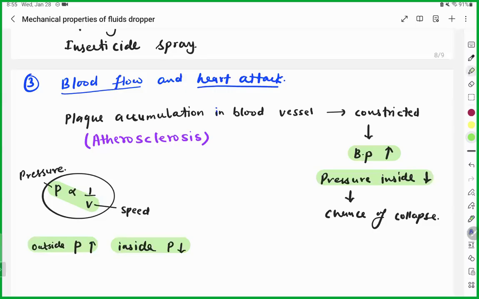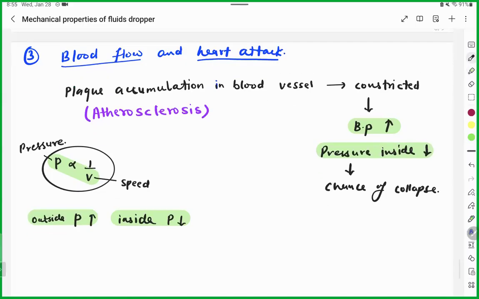Why? Because in Bernoulli's theorem, you have pressure plus half rho v square plus rho gh is constant.